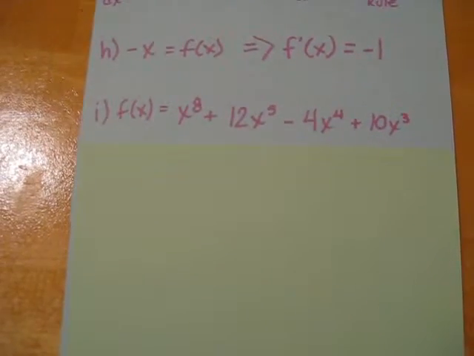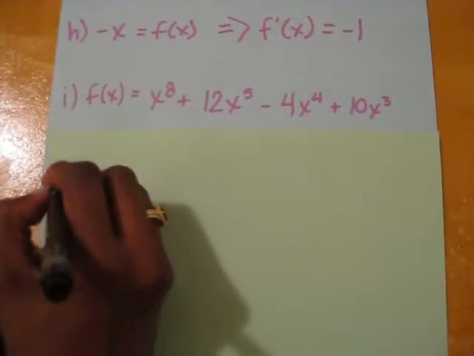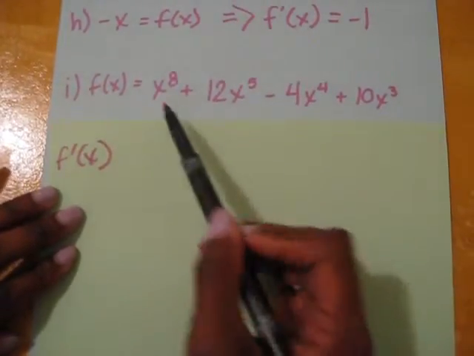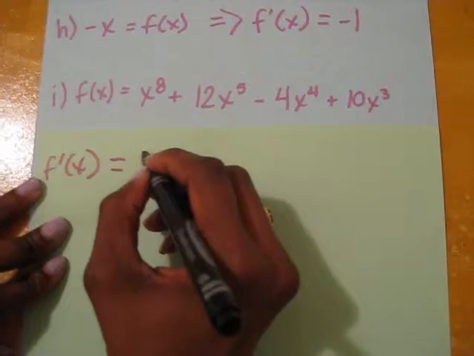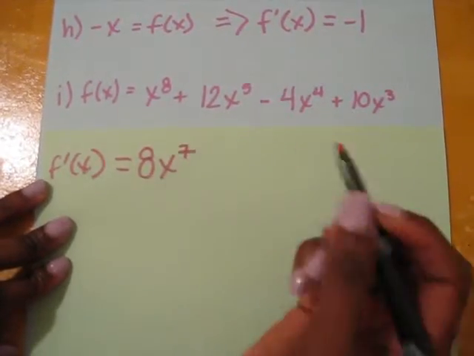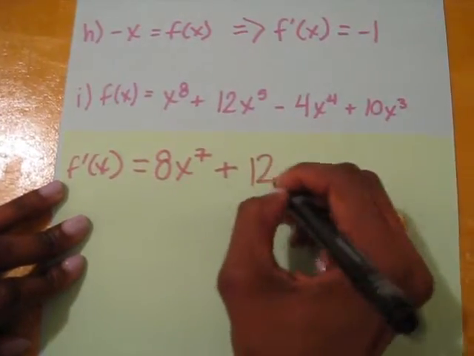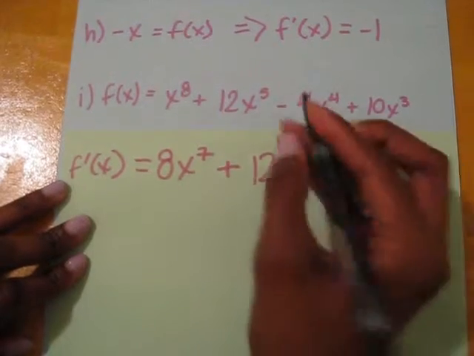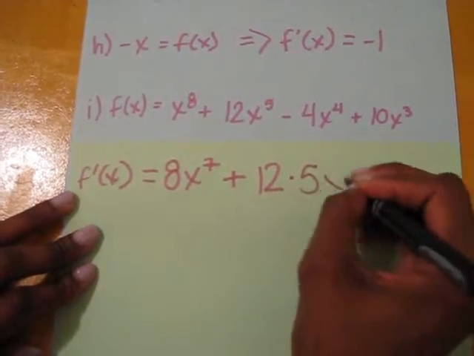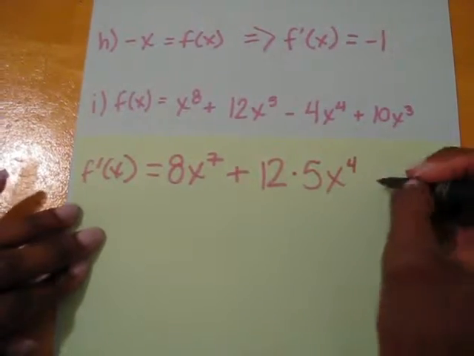Okay, so to do the last problem, we're going to use all of these rules. So f prime of x, for this long polynomial here, the first part we use the power rule. So you bring down the 8, leave the variable, and do the exponent minus 1. Plus sum rule here. 12, you leave the constant, bring down the exponent, now we're using power rule, leave the variable, and then exponent minus 1, so 4.